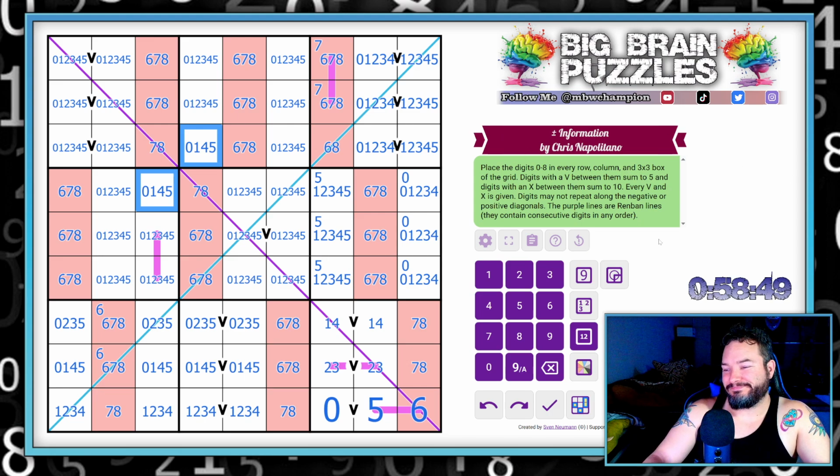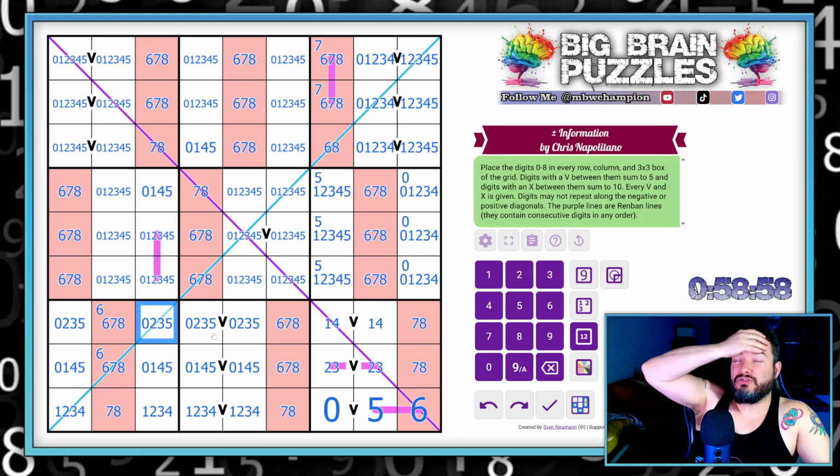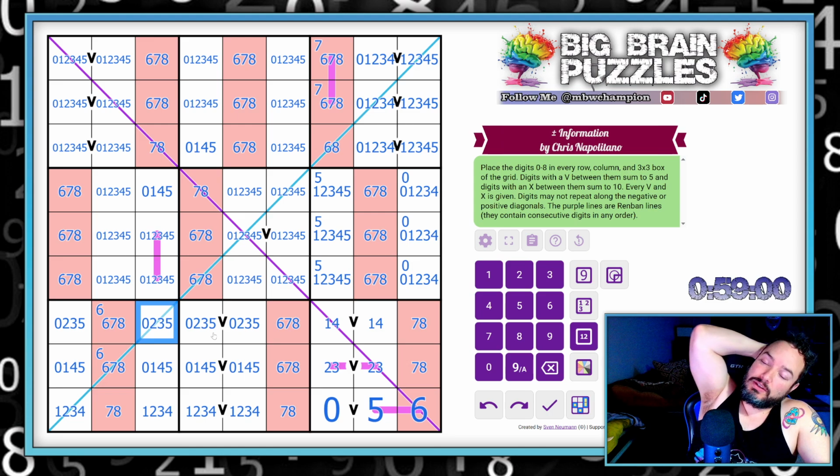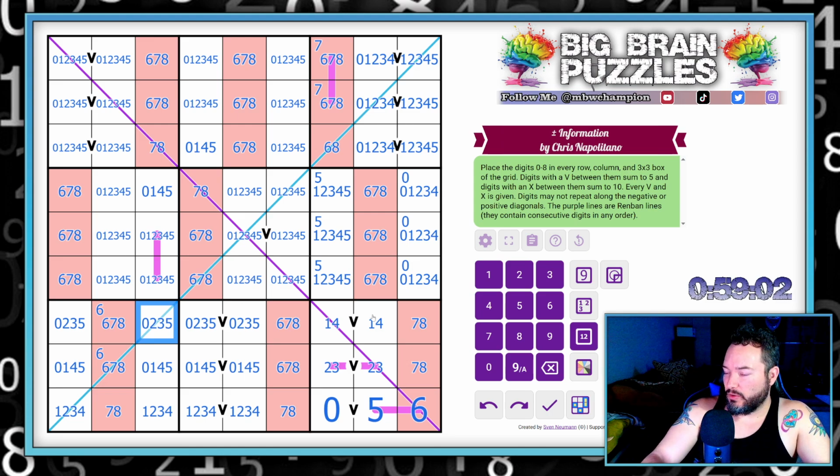Do we do it like this? I don't know if it's considered too much pencil marking if we do it this way, but I was going to say we can follow it with colors. Let's just pretend this is the grid. 0, 1, 2, 3, 4, 5, 6, 7, 8.